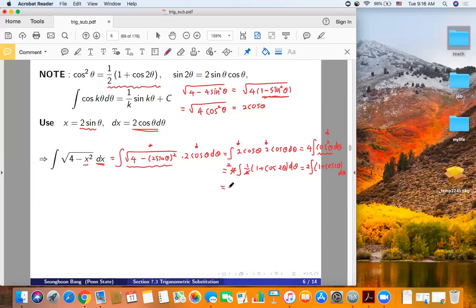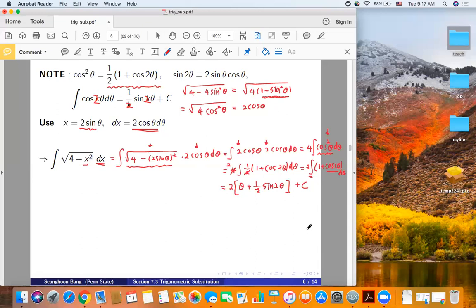The next step, you can keep the 2. The integral of 1 is just theta, plus the integral of cosine 2 theta, for which you can use this formula: the integral of cosine 2 theta is 1 over 2 sine 2 theta plus c. So like this: theta plus 1 over 2 sine 2 theta plus c.